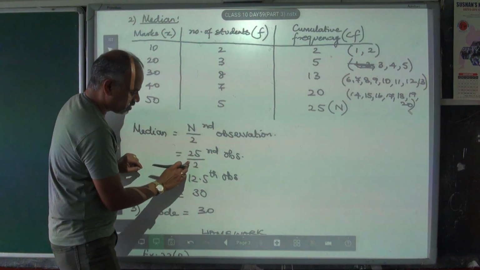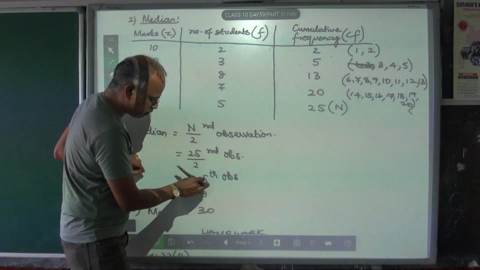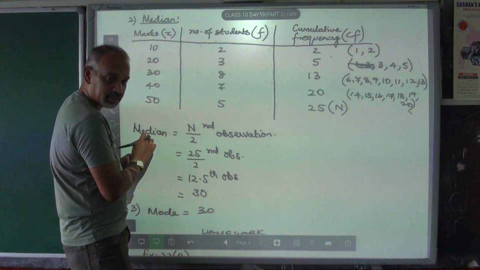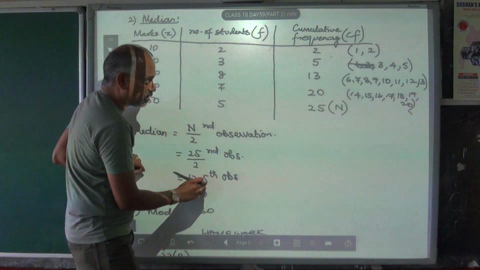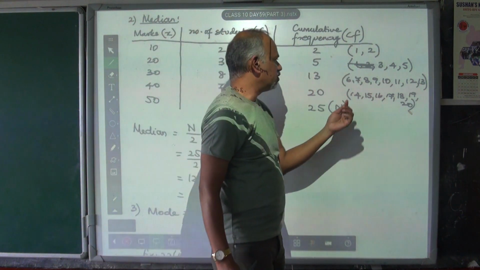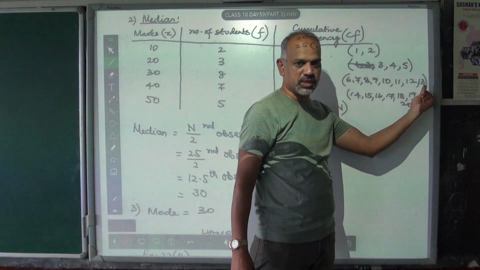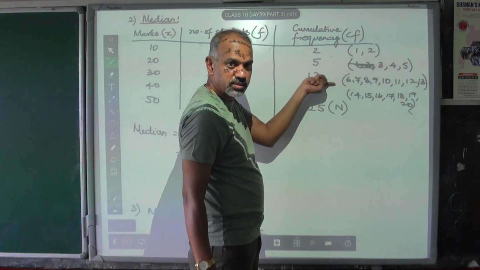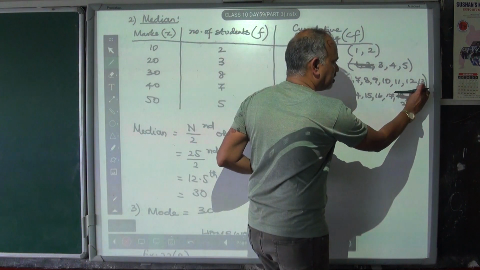If you simplify this, you will get the 12.5th observation, which means the 12.5th student's marks are the median marks. You may not find a 12.5th student, but the 6th to 13th students all lie in this range, so the 12.5th student is between 12 and 13.